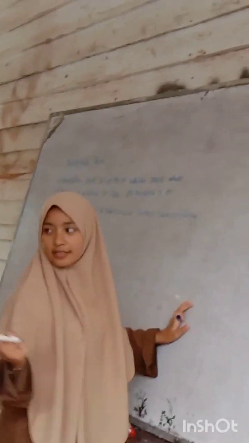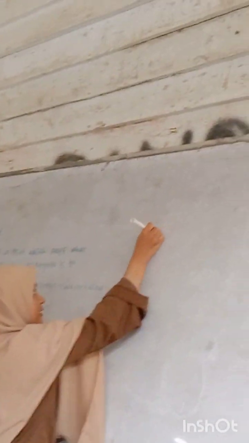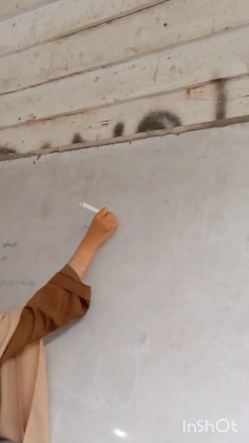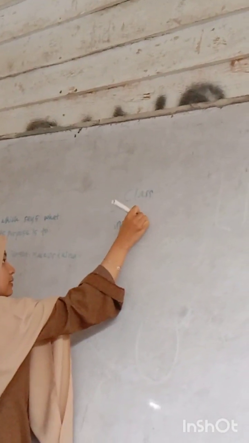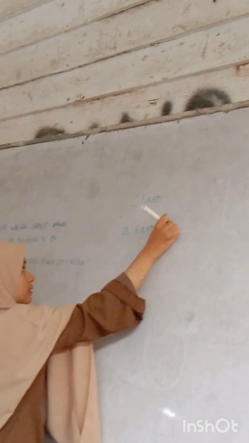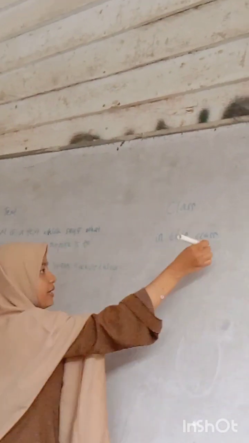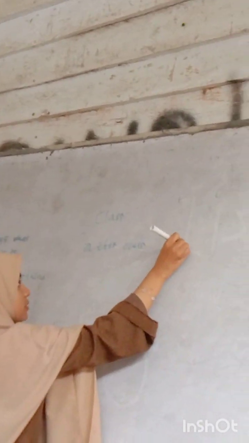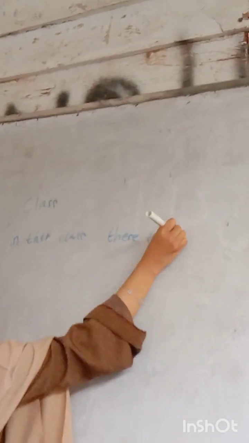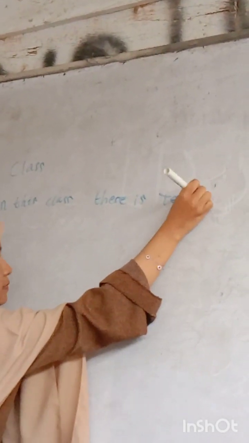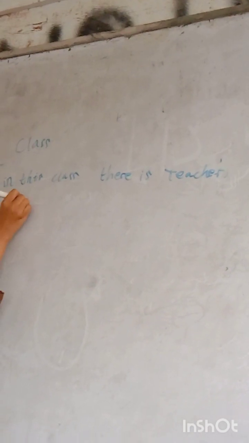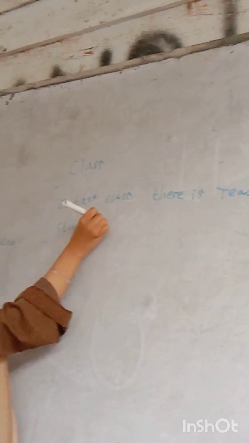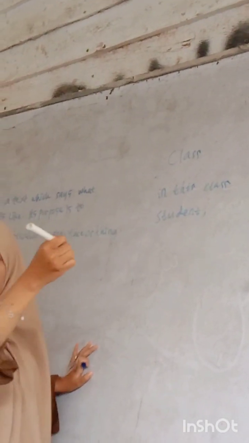Let's we describe this class. How do you describe this class? The title is class. So, in this class, there is teacher, student, what else?